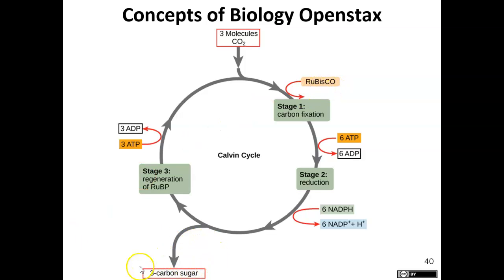And so very little carbon is actually going to be used to produce the glucose. So for 3 turns, we get a 3-carbon sugar. For 6 turns, we'll get one 6-carbon glucose, and the other molecules are going to be used to produce the RuBP.